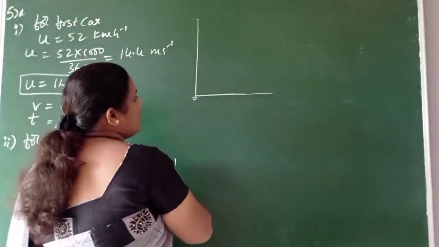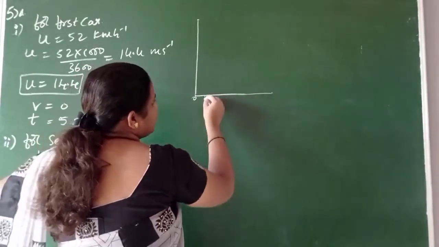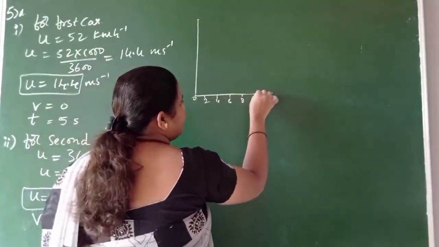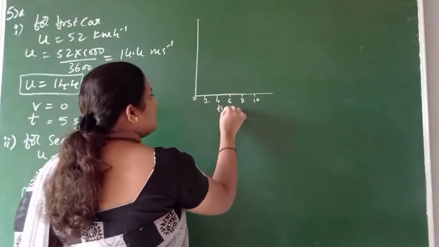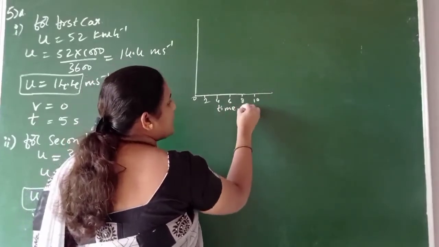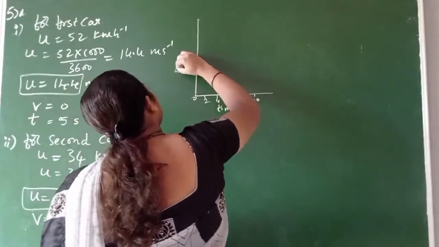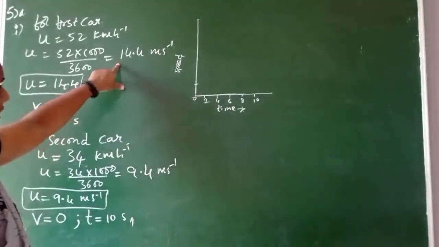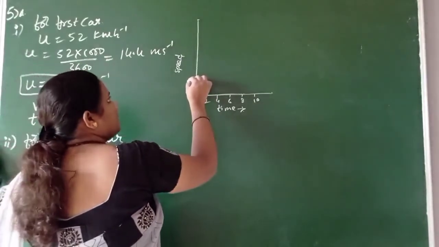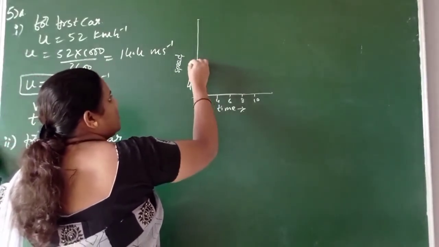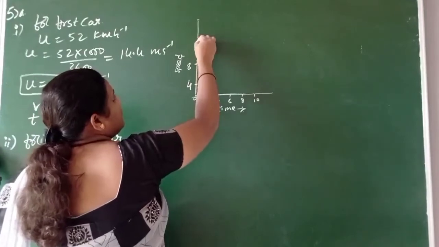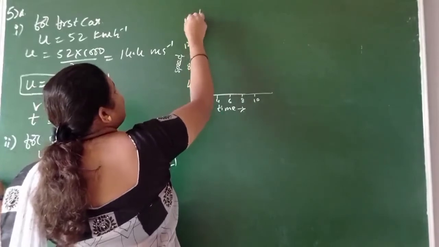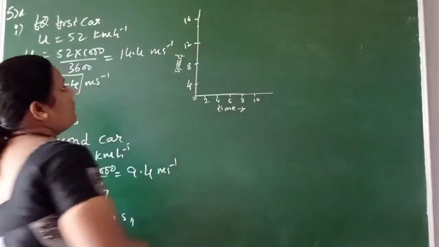Let us take this as the origin point, and 10 seconds is there. Let us take 2, 4, 6, 8, 10 on this side. On the x-axis you have to take time, so we have taken time. On the y-axis let us take speed. Then 4, 8, 12 and 16, so 14.4 somewhere you will get.